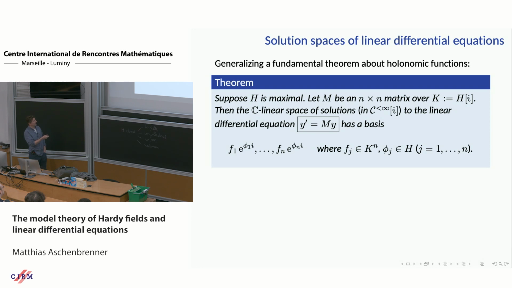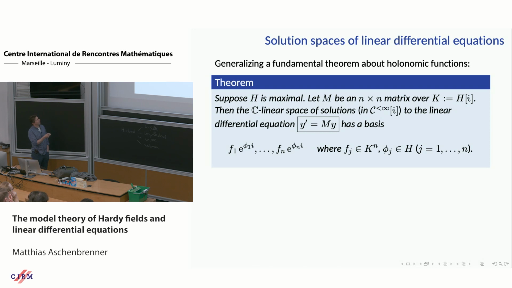Namely, the terms look like f1 times e to the phi1 i, f2 e to the phi2 i, etc., where these f's are column vectors in K, so they don't oscillate. And of course, these e to the phi i are oscillating, but the phase functions, or frequencies, if you like, are actually from H. So the oscillation is not too bad.